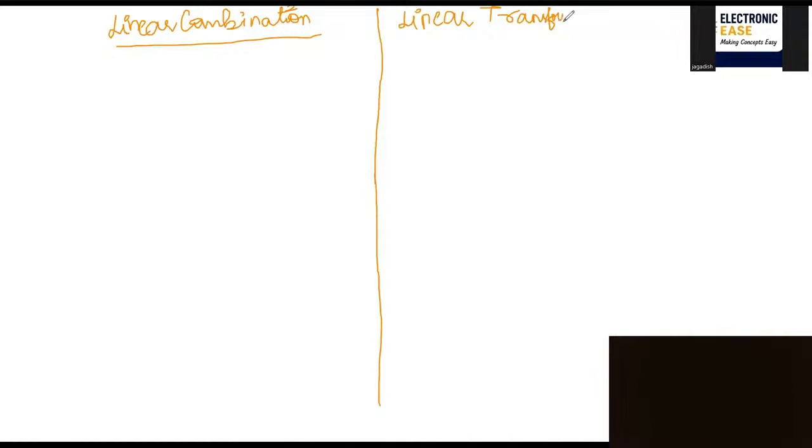I've taken many batches till now, and they have sent me revaluation papers where they made mistakes in linear combination and linear transformation.